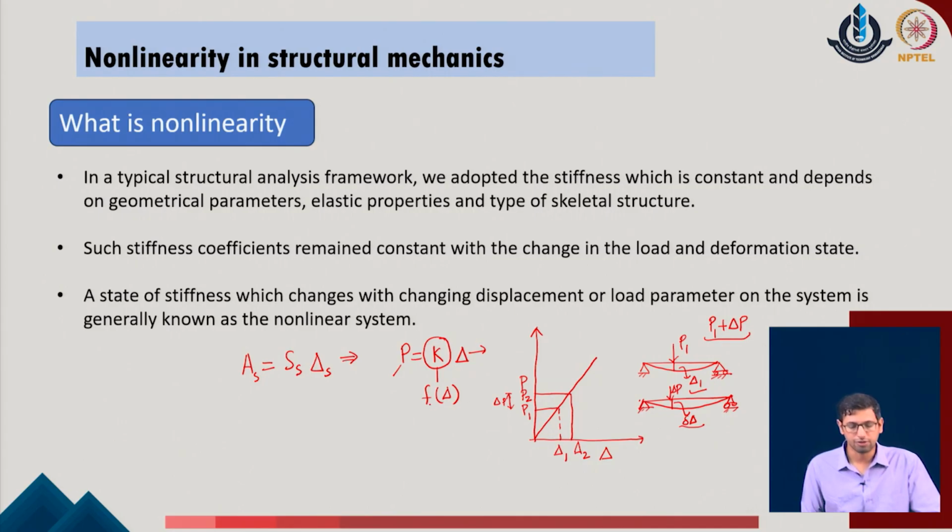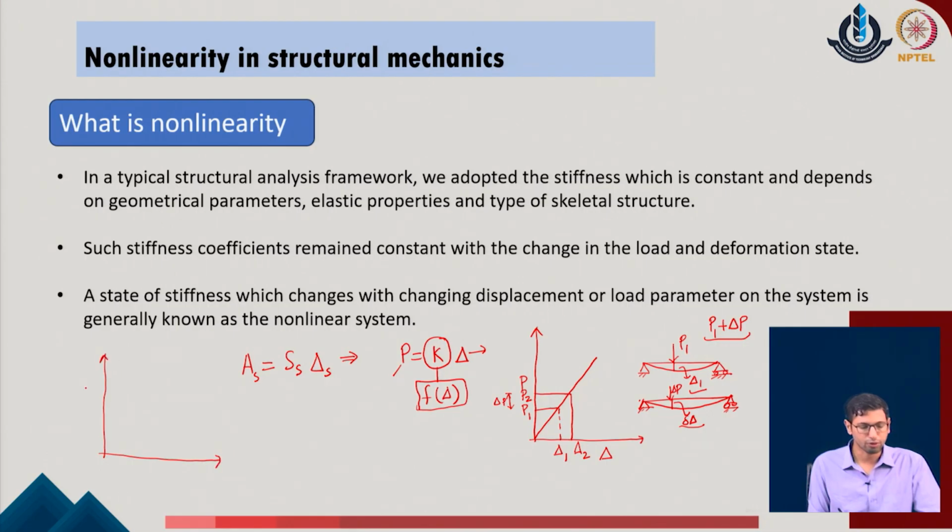And in this manner, if we say that the amount of stiffness identified for a given problem is not a constant value, but keeps modifying itself as the value of the deformation or the active load on the system changes, the system can no longer be identified with the same linear relationship.